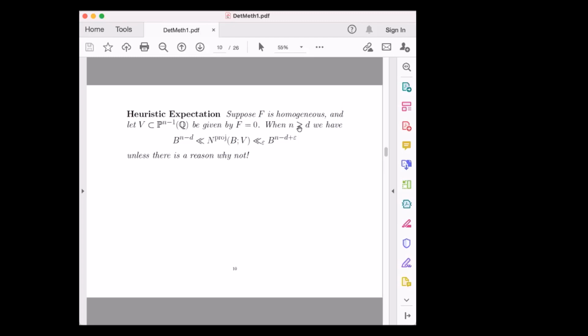Then, providing n is at least d, we're expecting the projective count to grow at least like b to the n minus d, and at most like b to the n minus d plus epsilon. So here again, epsilon can be an arbitrarily small positive constant, but the implied constant here is allowed to depend on what epsilon is. And again, with the silly proviso, unless we can think of a reason why it shouldn't be true anyway.